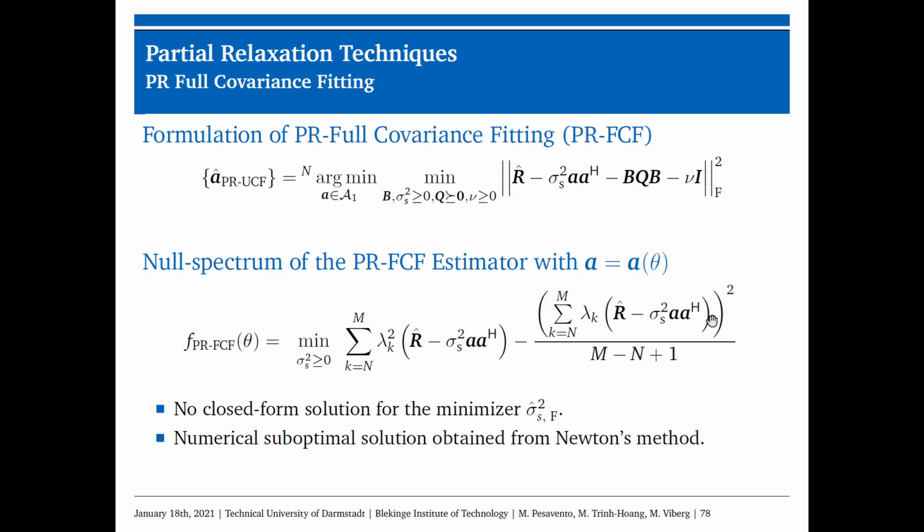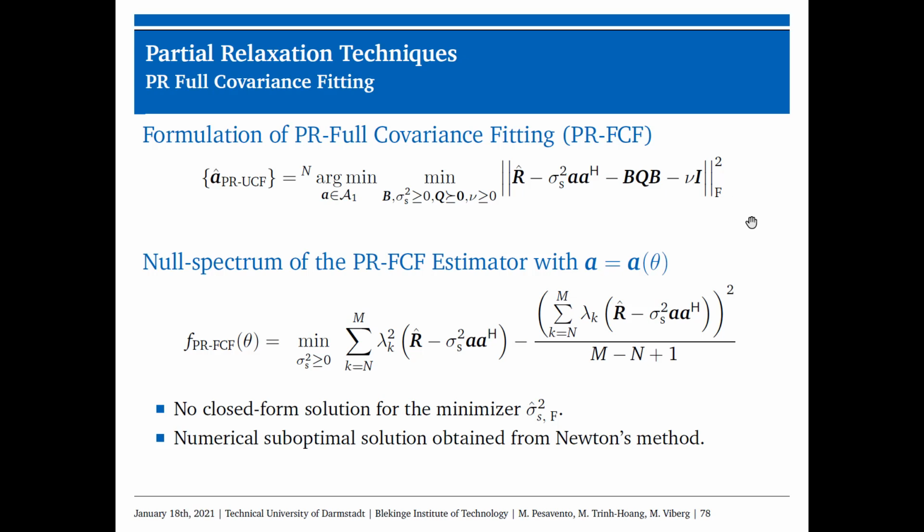The last estimator in the family of the partial relaxation framework that I would like to present here is the full covariance fitting. The problem now considers the influence of the desired direction, sigma s squared times a Hermitian, the unstructured interference from the remaining sources, and the noise power denoted here by nu times the identity matrix.